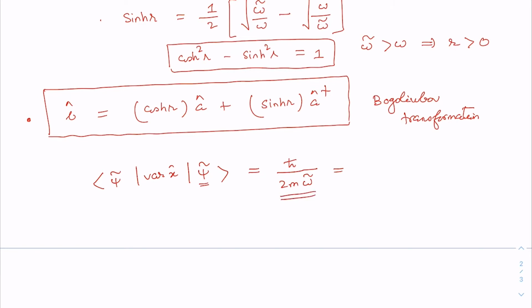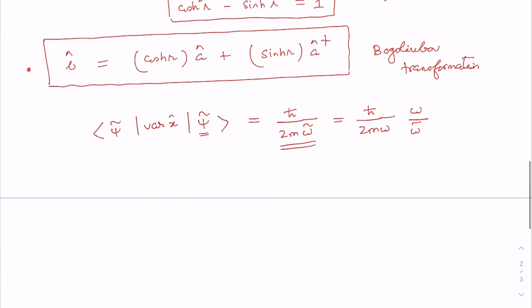This I can further write as h cross by twice m omega times omega by omega tilde, and you can easily recognize that this is nothing but the variance of the position operator for the old harmonic oscillator, multiplied by omega by omega tilde.